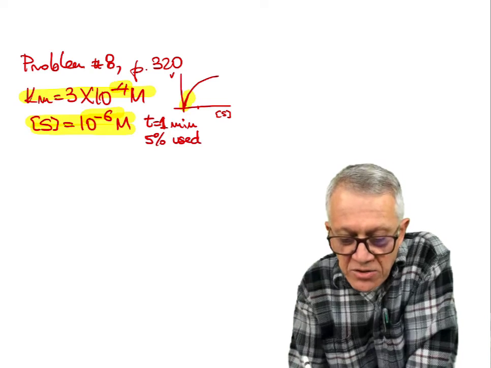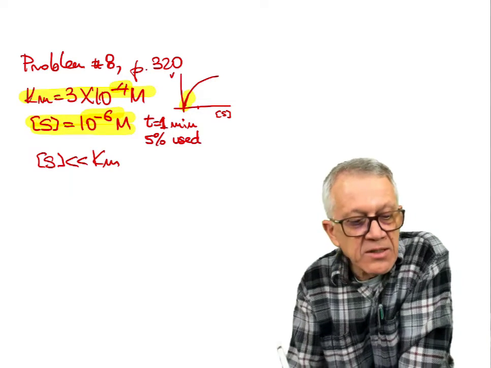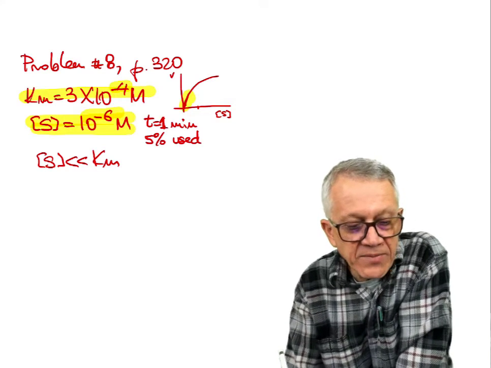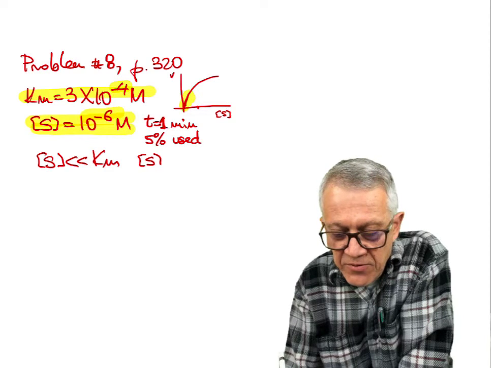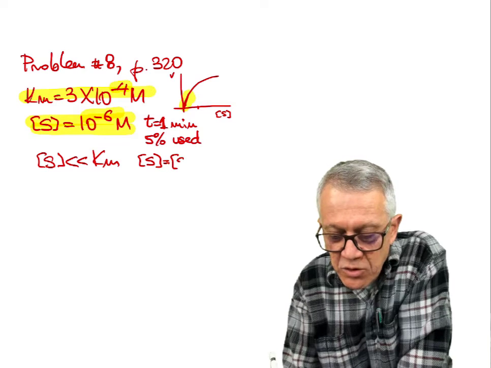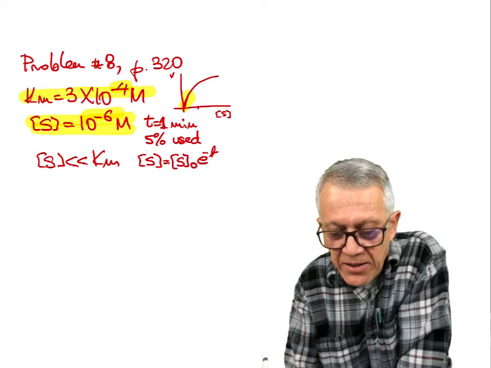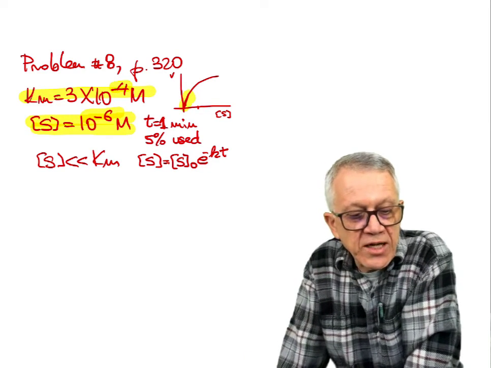Because the concentration of S is much smaller than Km, this would be a case of a first order reaction. And for the first order reaction, we know that the relationship of the starting material and at any point is going to be related by S = S0 e^(-kt). Correct?